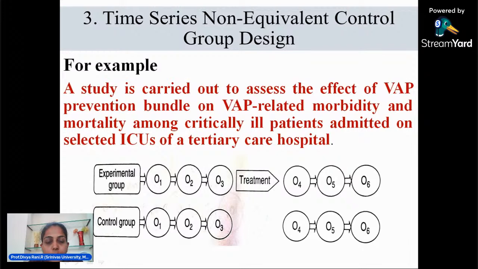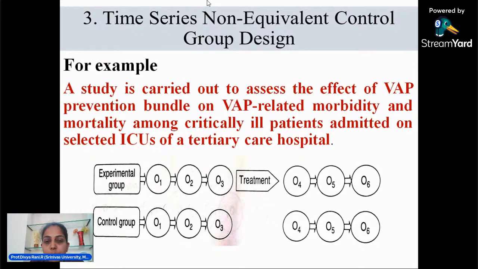Critically ill ICU patients are selected for this study. The participants in the experimental and control groups may be selected from two ICUs, and on a monthly basis they will assess the morbidity and mortality taking place because of ventilator-associated pneumonia in both groups.